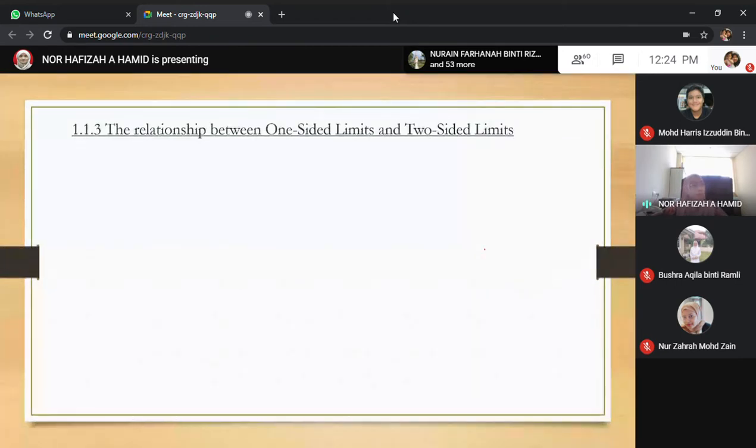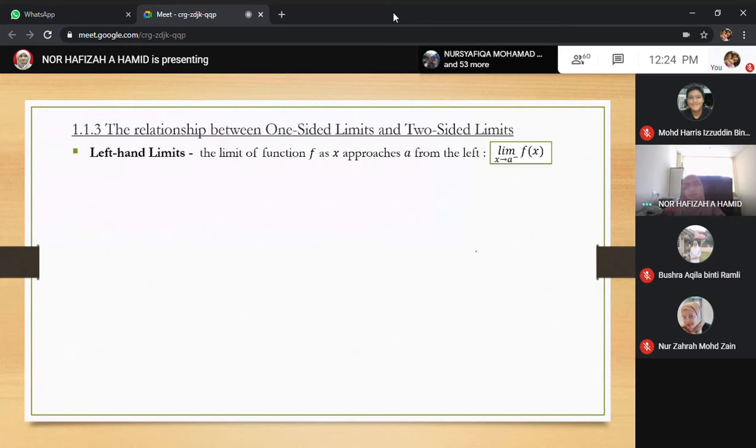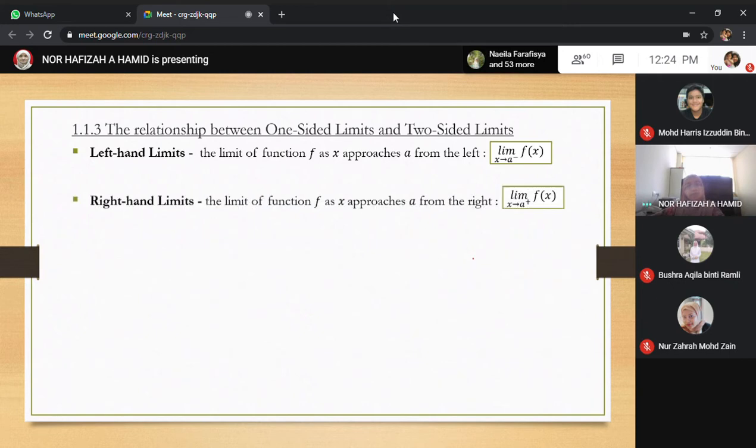Next, for 1.1.3, the relationship between one-sided limit and two-sided limit. Okay, so a one-sided limit consists of two: we have the left-hand limit and the right-hand limit. For the left-hand limit, the notation is limit x approaches a minus.